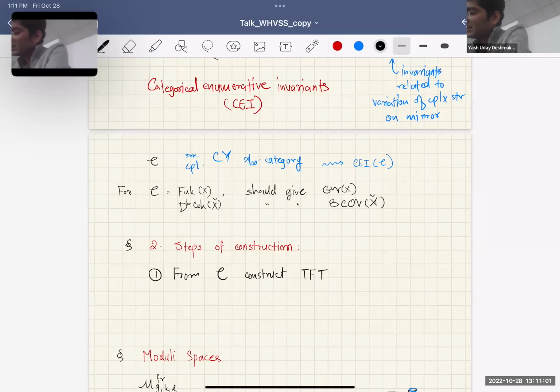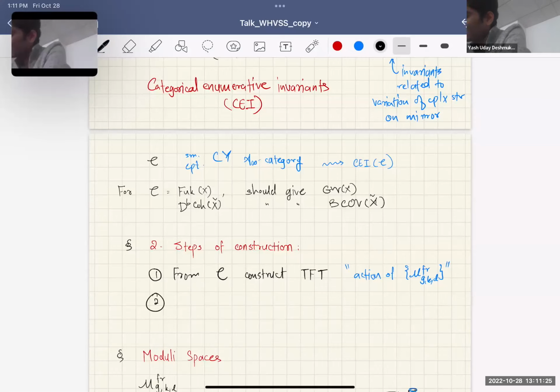So this is what I mean by TFT, and I'm just going to write here action of the uncompactified moduli spaces. What this means will become precise later on, but let me just mention here that constructing this TFT amounts to constructing an action of framed moduli spaces.